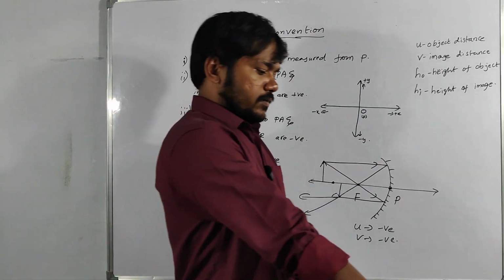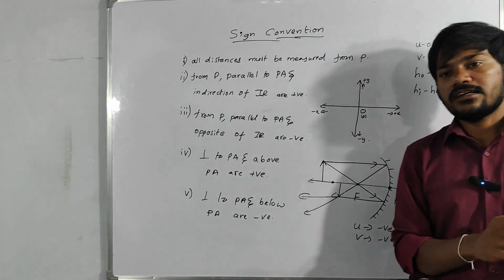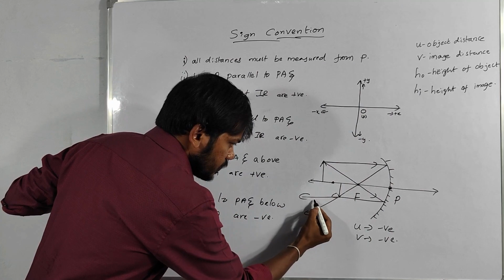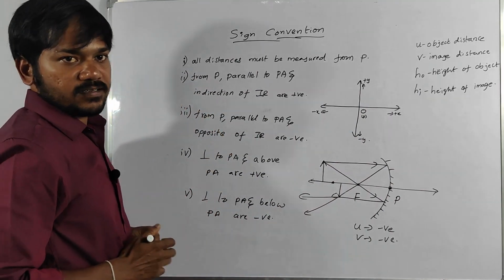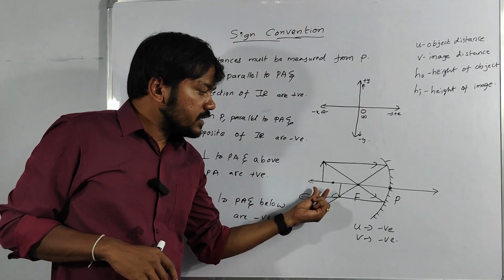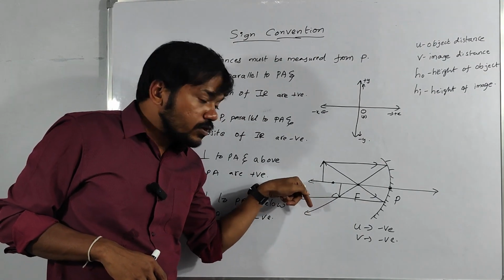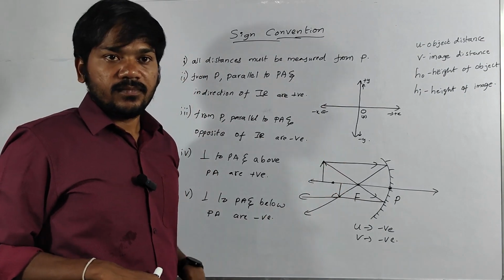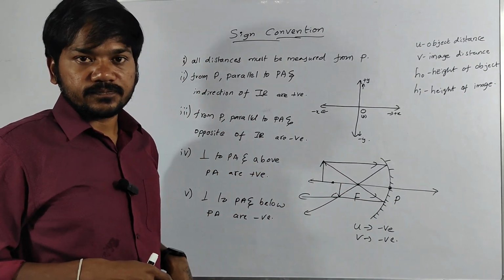Now one wonderful, intelligent student will ask a doubt: sir, why can't I keep the object below the principal axis? You can obviously keep it. And if you consider the height of the object as negative there, any erect images you get must be taken as positive.